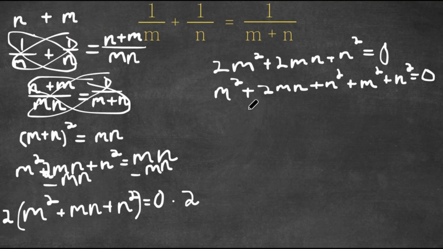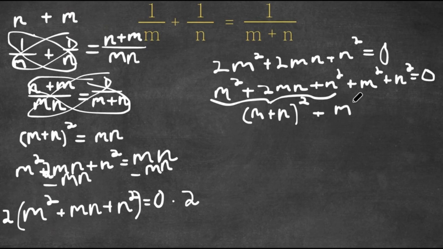Now this part right here would be m plus n squared. So now we have m plus n squared plus m squared plus n squared, and this is equal to 0.